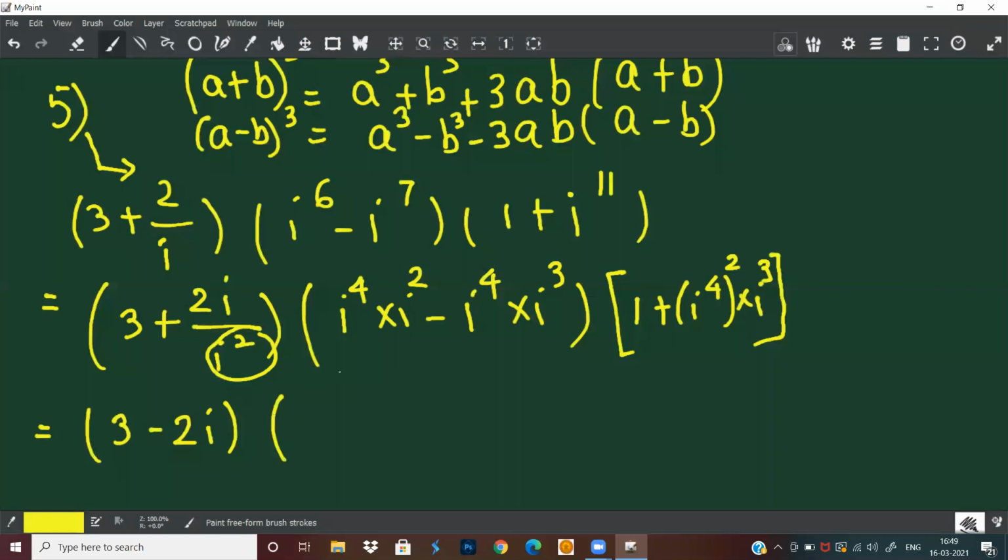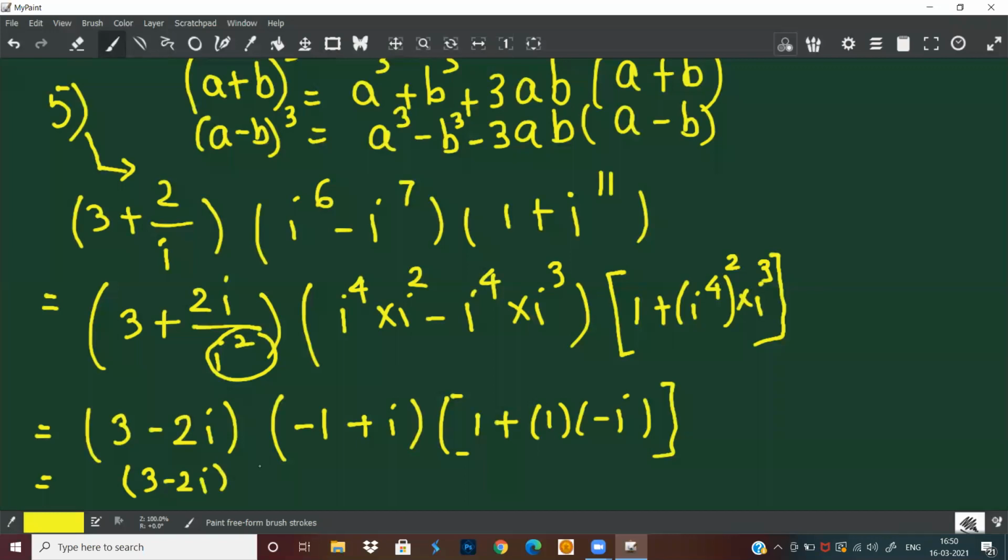Are you trying? i raised to 4 is plus 1. i square is minus 1. i raised to 4 is plus 1. i cube is minus i. So minus of minus i.